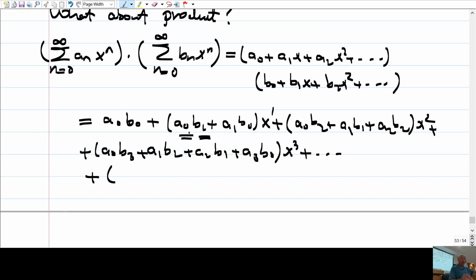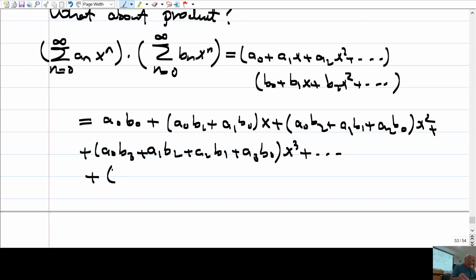Here the power is 1: 0 plus 1, 1 plus 0. For x squared: 0 plus 2, 1 plus 1, 2 plus 0. And for x cubed: a0 b3, a1 b2, a2 b1, a3 b0.